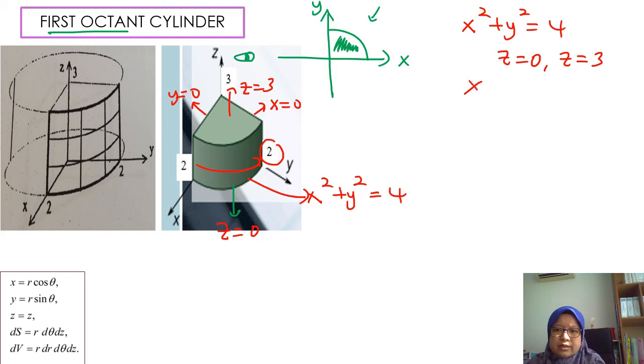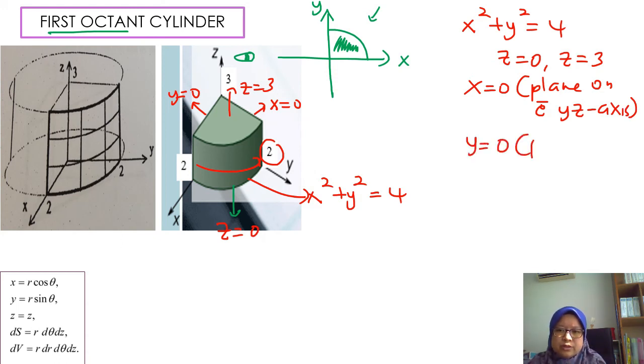You should have x equal to 0, the plane on the y and z axis, and then y equal to 0, which is the plane on the xz axis. You have to imagine, inshallah. It will help you. Inshallah, it is easy actually.